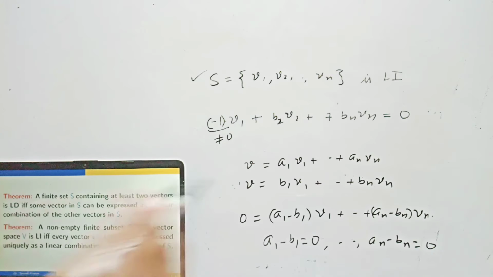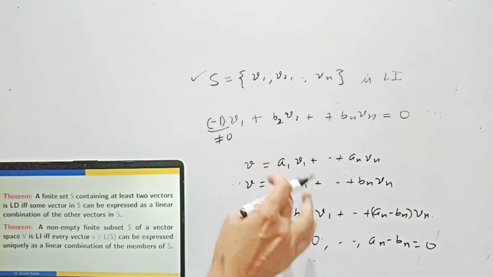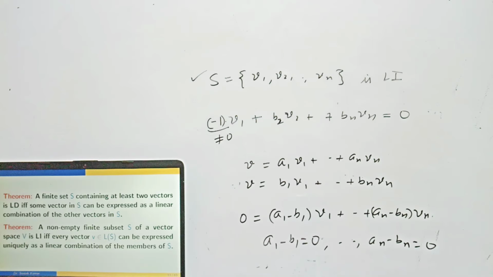It means v can be written uniquely as the linear combination of the members of S. Same way you can do the other side. Okay, proof is given in the lecture notes. The proofs of all these theorems in this part are very simple, you just need to read them once.